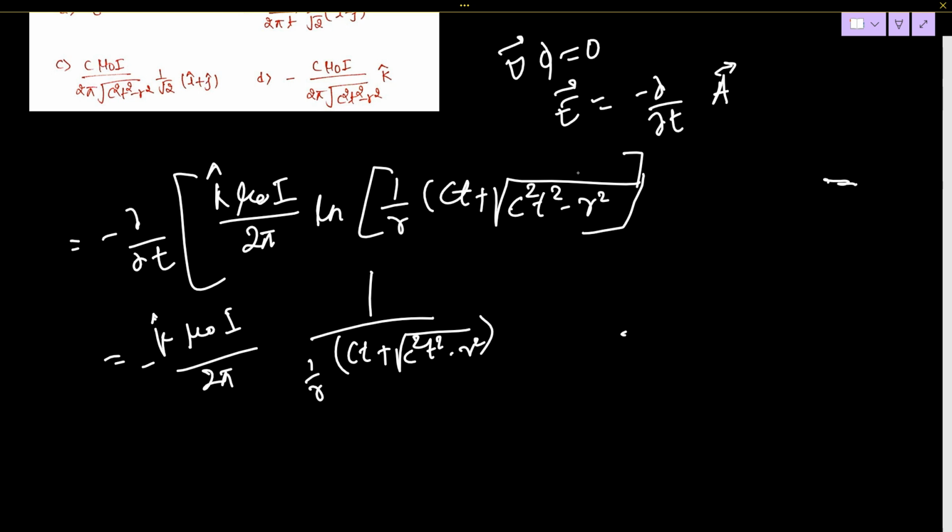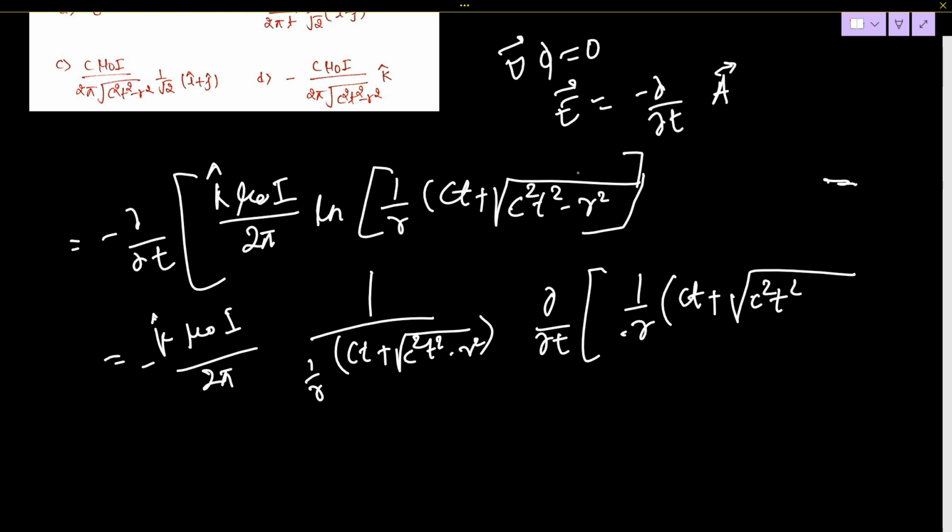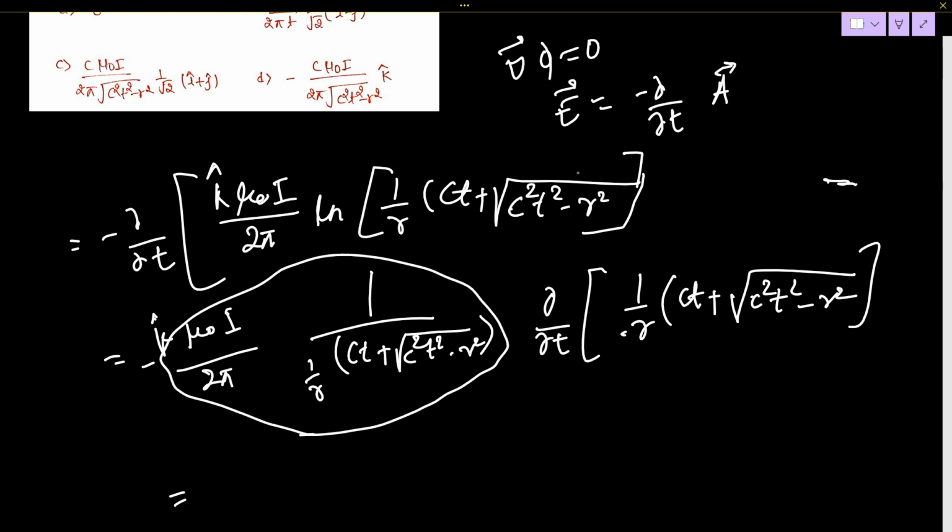And then the derivative of the inner part again, 1/r over (ct + √(c²t² − r²)). Let's take this whole thing as k for now.